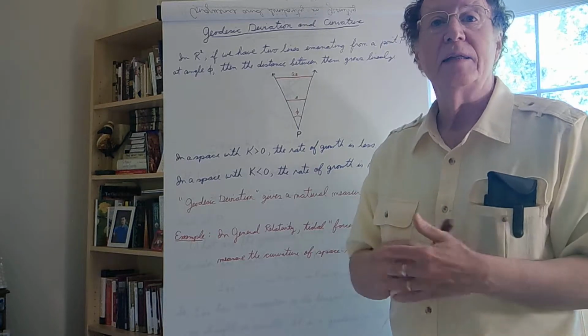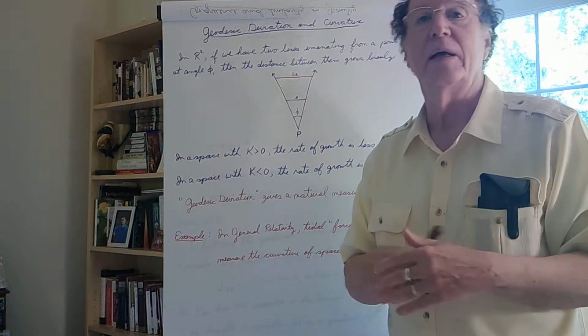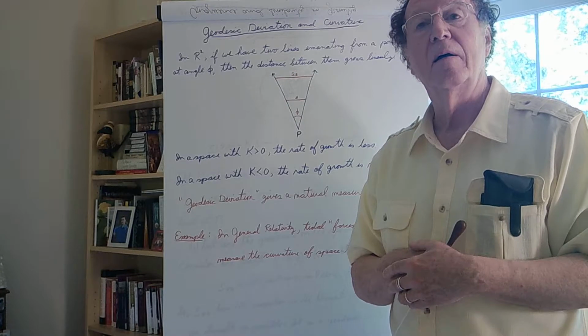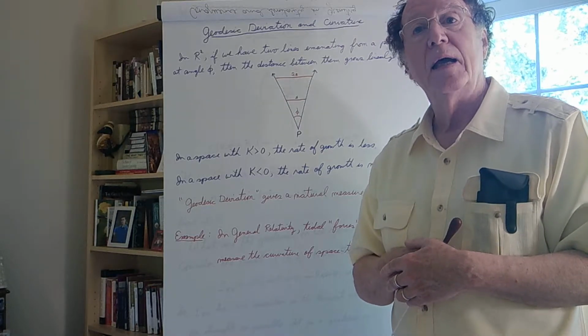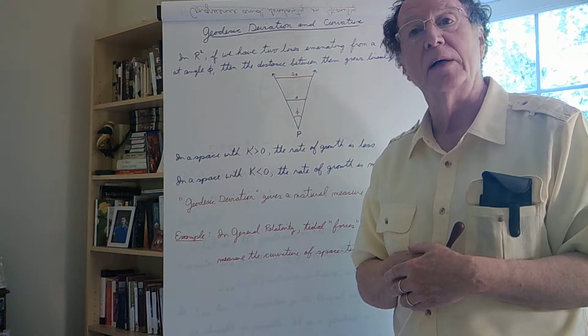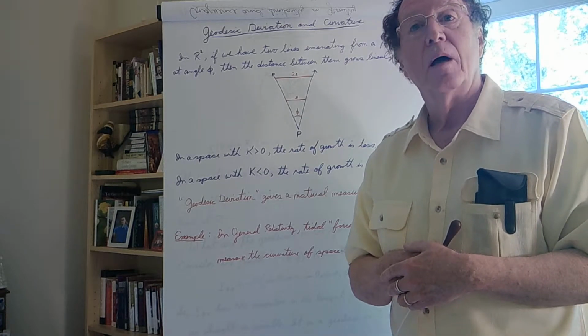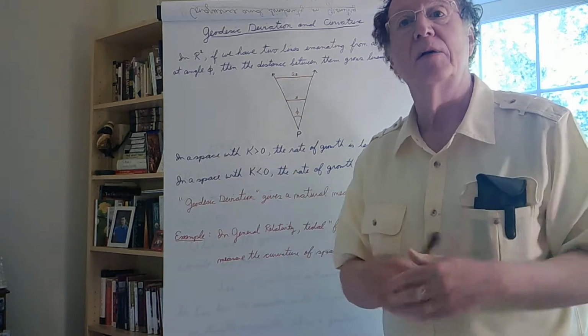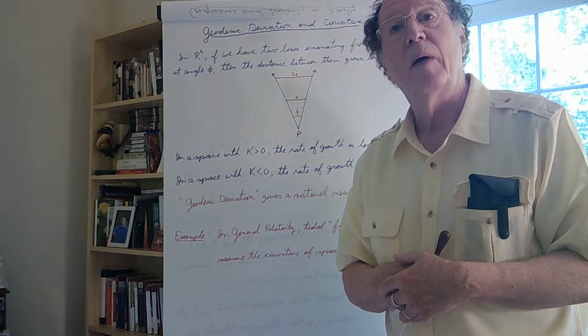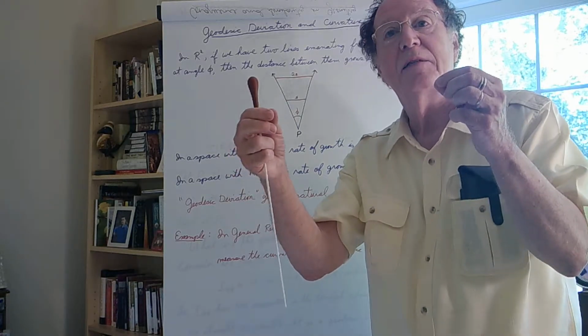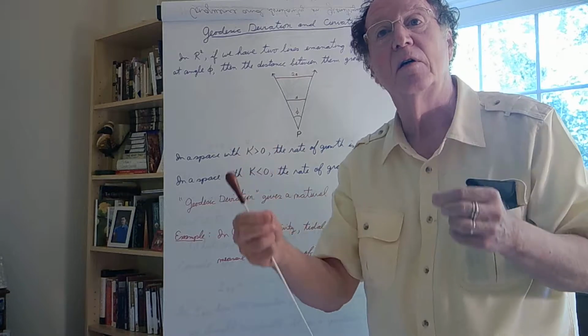Well, the point is that any non-uniformity in the gravitational field is going to work on those two points differently, and they might experience a relative, quote, attraction or relative repulsion. It's not a force between them, it's the fact that they're moving through a curved space.